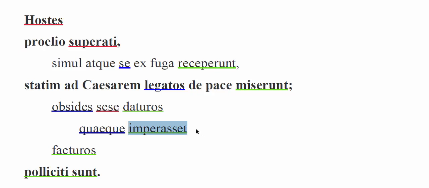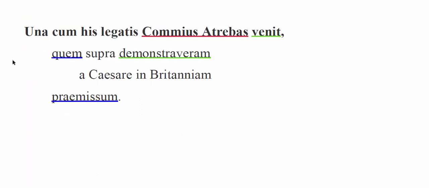So whatever things, this quae is a neuter plural accusative, that's why it's indicated as the object here. Whatever things Caesar commanded, facturos, they were going to do. They promised. So, they promised that they would give hostages and then do whatever Caesar commanded.